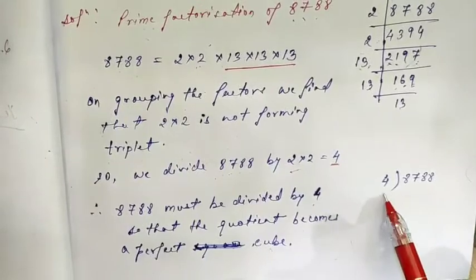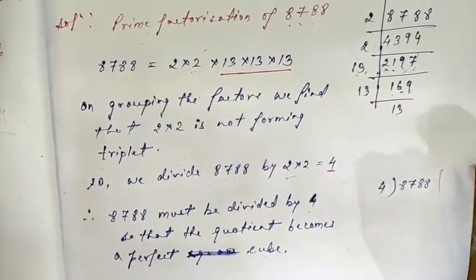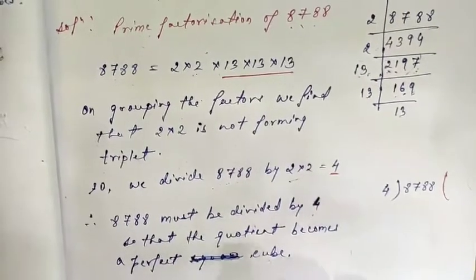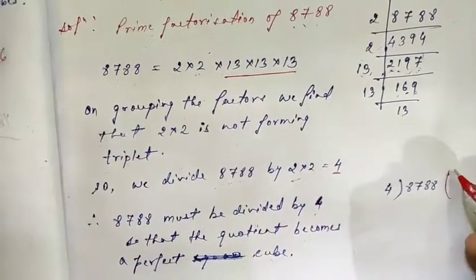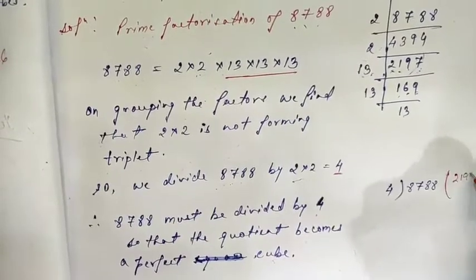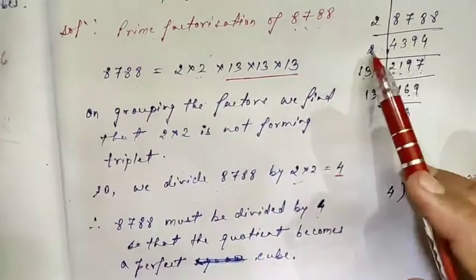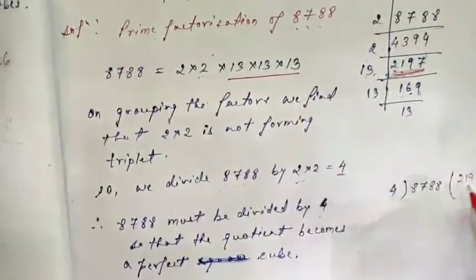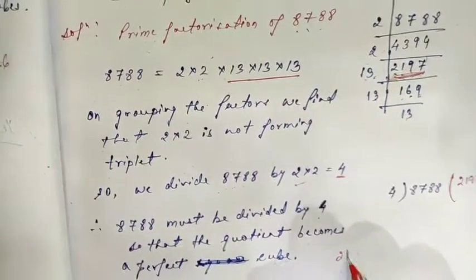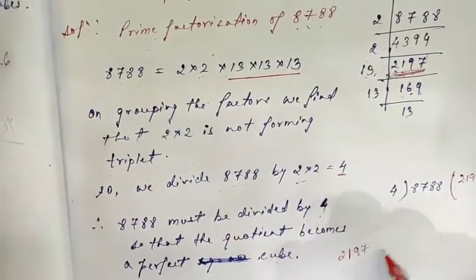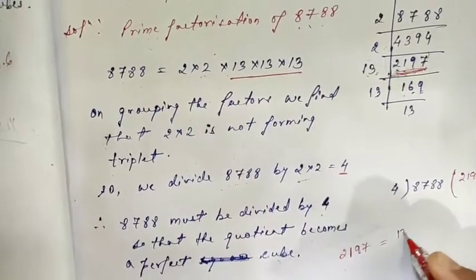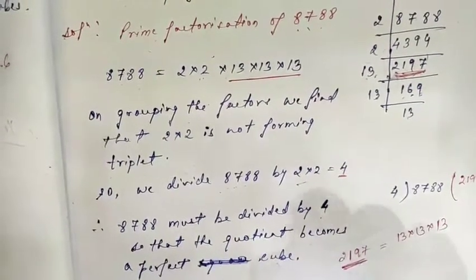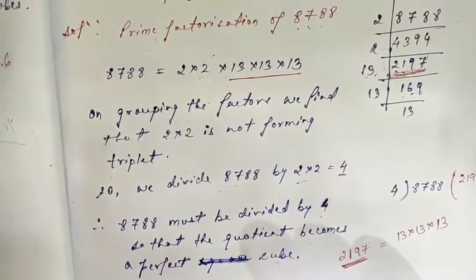You can divide the number by 4 and check that you will get the quotient 2197, and 2197 is equal to 13 into 13 into 13. So this becomes a perfect cube. Thank you.